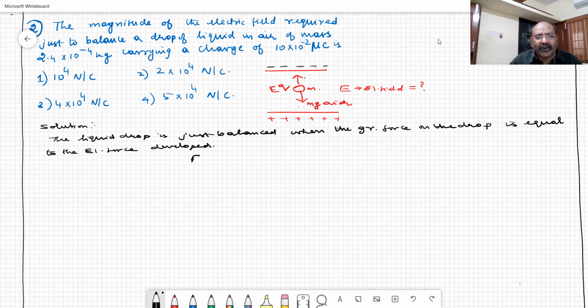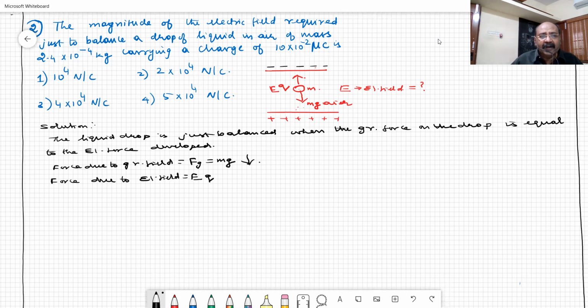So let us write like this: force due to gravitational field as Fg and force due to electrical field as Fe. Force due to gravitational field, Fg, is nothing but mass into gravity acting vertically downwards. Then the force due to electrical field, let us take it as E into Q, is Fe acting in the upward direction.